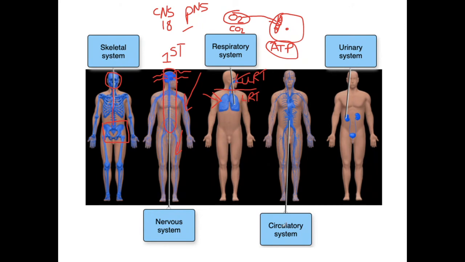Okay, circulatory system. Well, we're looking at the heart and the blood vessels. And the main purpose of the heart and the blood vessels, the arteries and veins, the heart wants to take the oxygen and it wants to pump it to all the parts of the body. That's it. That's really it. It's also going to bring nutrients to parts of the body and move waste products out, right?